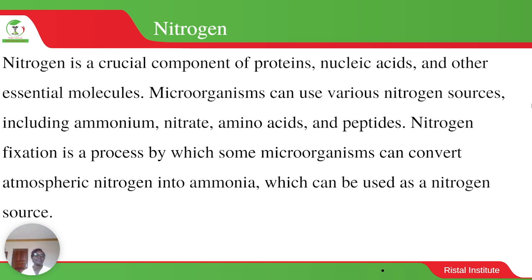Oxygen is also another component needed for microbial growth. The oxygen requirements for microbial growth and survival differ. Some microorganisms require oxygen to grow, and these are known as the aerobes.